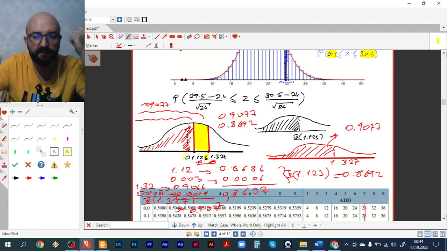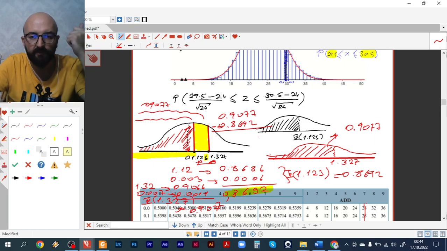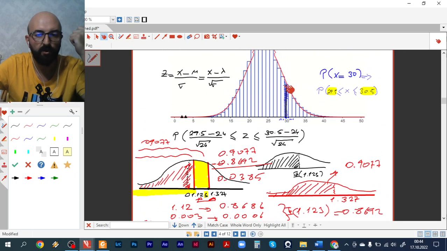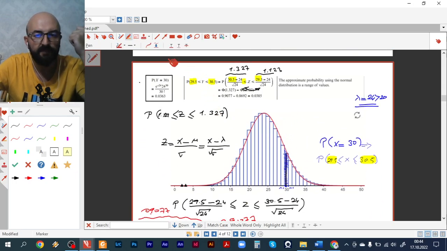Please remember that we could find this area, and the result is 0.0385.